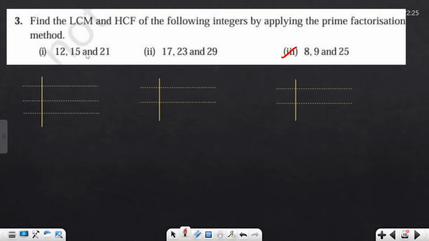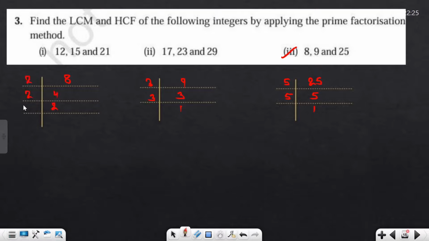Now we move on to the next part, number 3. Here 8, 9 and 25. Tell me the factor of 25. 5, 5. 9 factor is 3 into 3. 8 factor is 2, 2, 2.